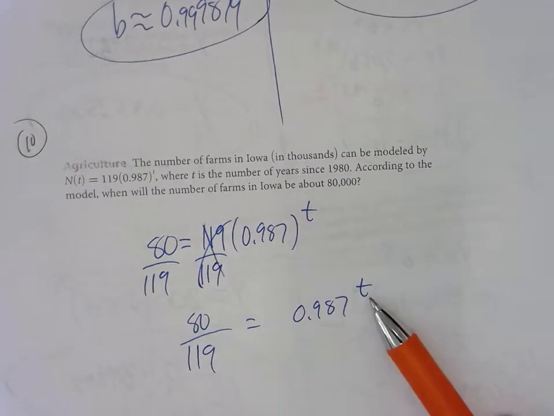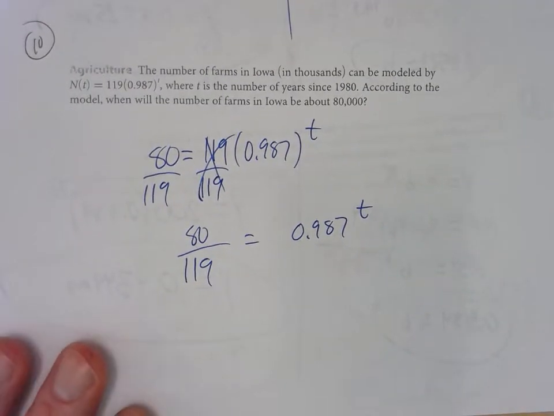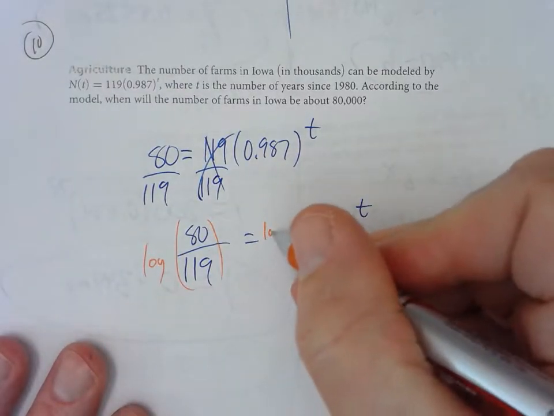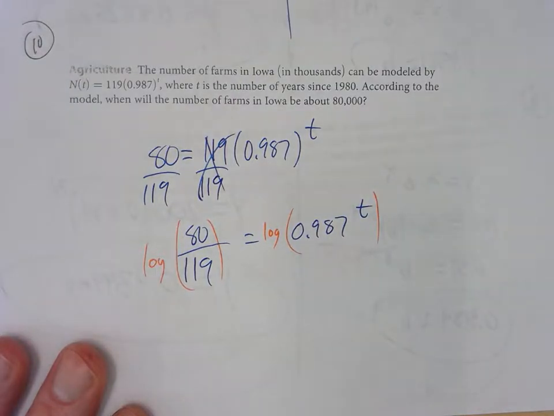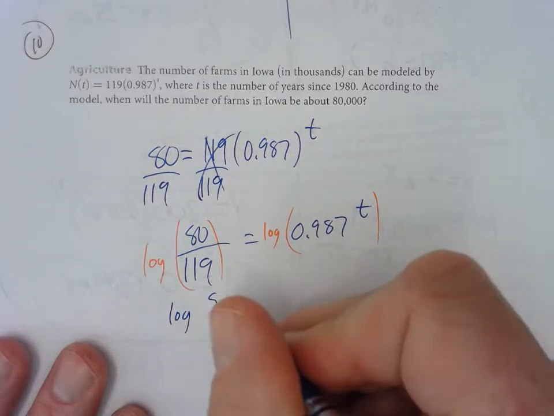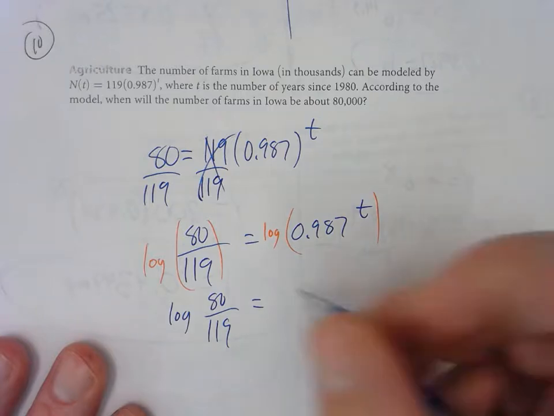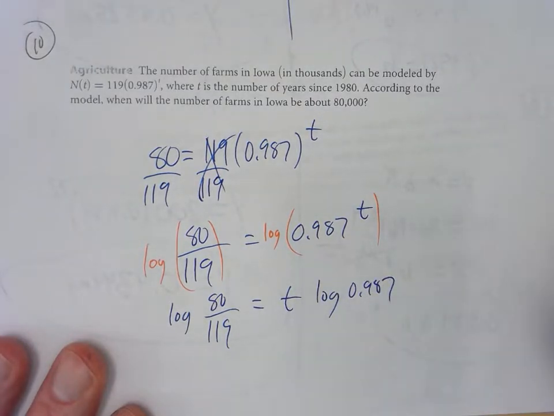I have to get the t down to the front. So how do we get the cookie jar off the top of the refrigerator? We use a log. You can stand on the log, or you can throw a log at it, or whatever you want to do. So the t comes down to the front. So I have log of 80 over 119 is equal to t log of 0.987.